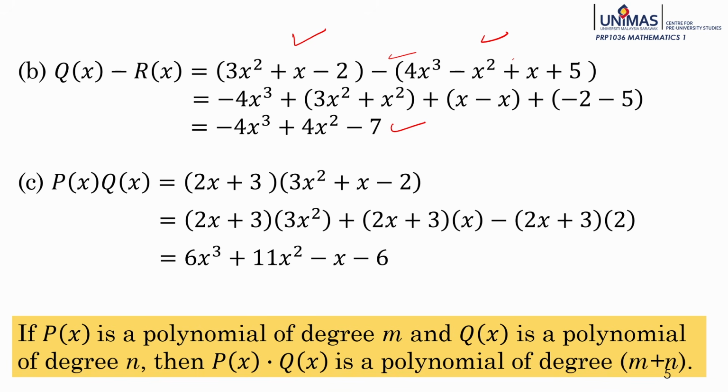If P(x) is a polynomial of degree m and Q(x) is a polynomial of degree n, then P(x) times Q(x) is a polynomial of degree m plus n.